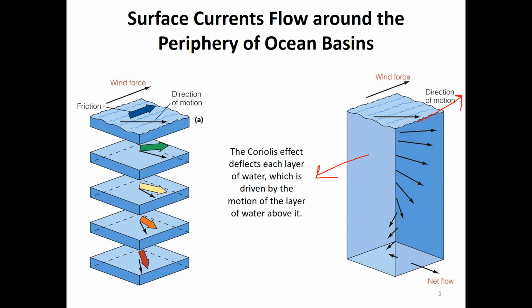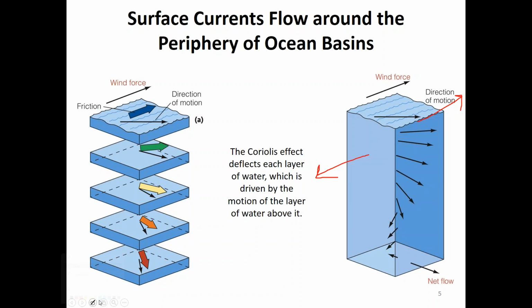And that's if you take all the flow in this column of water and add it up, right? Obviously, there's water moving in this direction and none moving in that direction at this depth. But if you take all the water flowing in that direction in this whole column and subtract from it all the water flowing in this direction, it'll come to zero, because the same amount of water is moving in both directions.